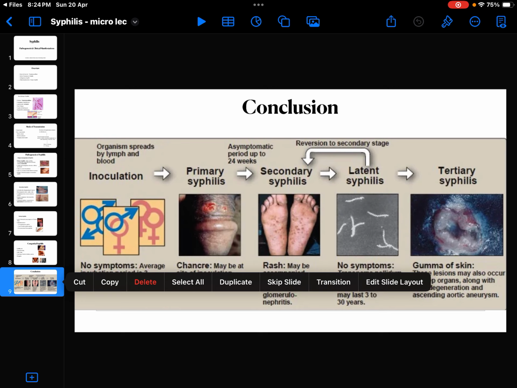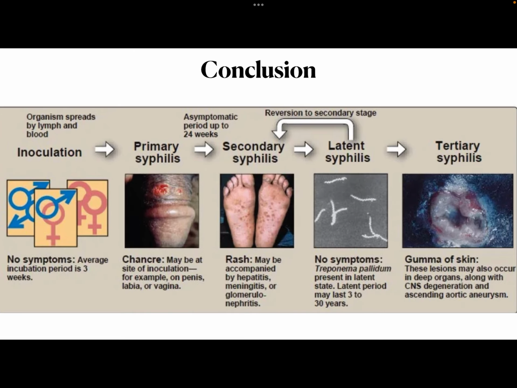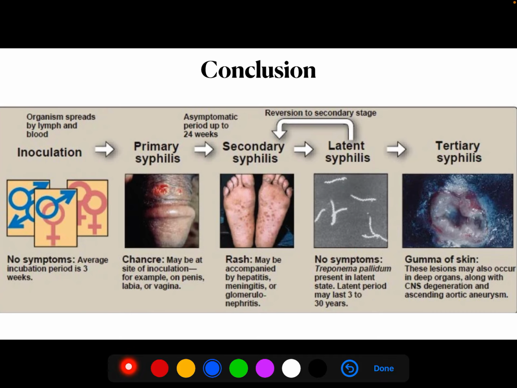And to conclude, syphilis is a sexually transmitted disease. It is caused by a bacterium, Treponema pallidum, which is a gram-negative spirochete, an extremely thin and delicate bacterium, and the mode of transmission is sexual, or non-venereal such as direct contact, blood transfusion, or transplacental transfer.